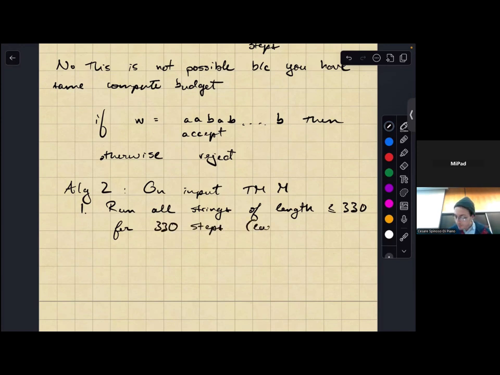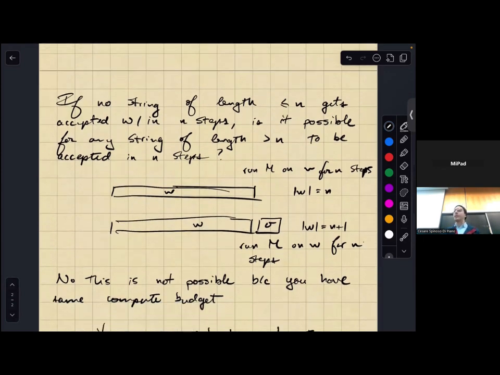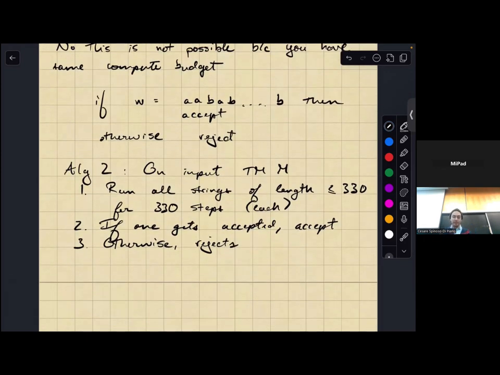If one gets accepted, then algorithm 2 accepts the Turing machine. Otherwise, it rejects. And in this case, my algorithm has no chance of a false negative because of the logic I just stated. So this algorithm works out.